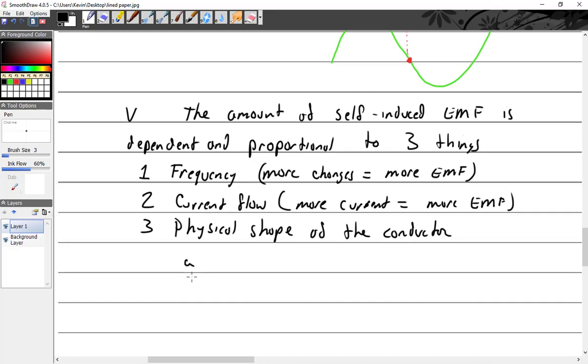I wrote: in a straight conductor, CEMF is determined purely by the lines of flux created.